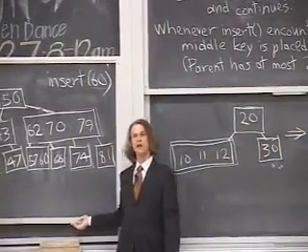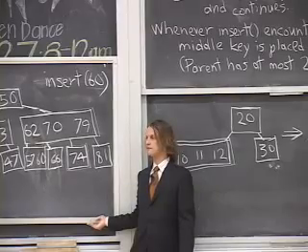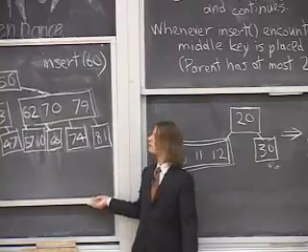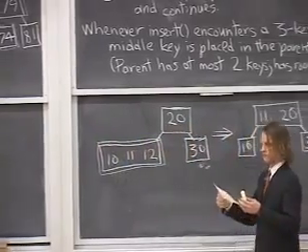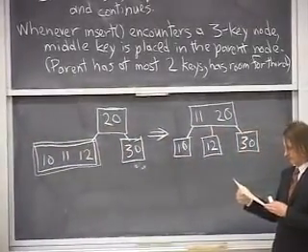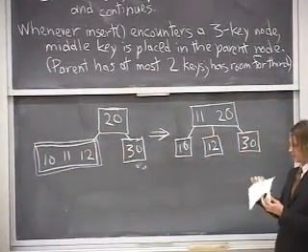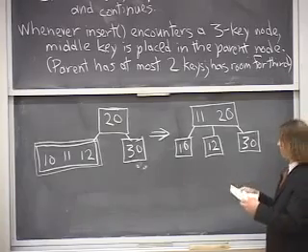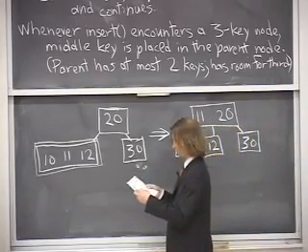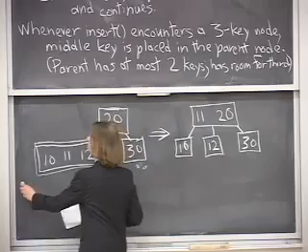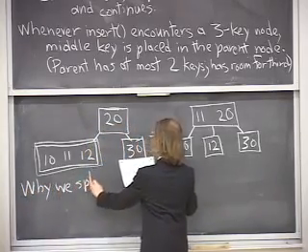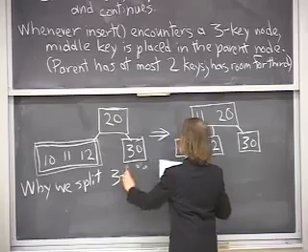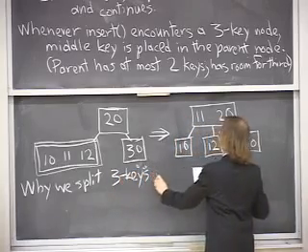Other questions? All right. Then some reminders. I want to write down why we split the 3-key nodes that we traverse on the way down.